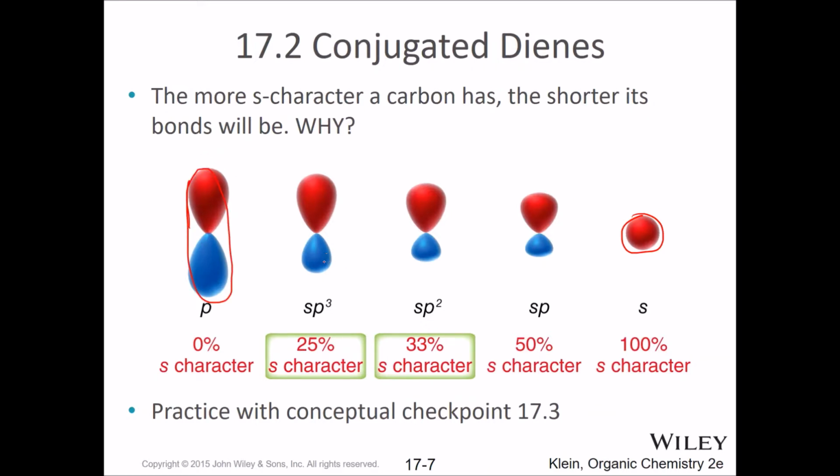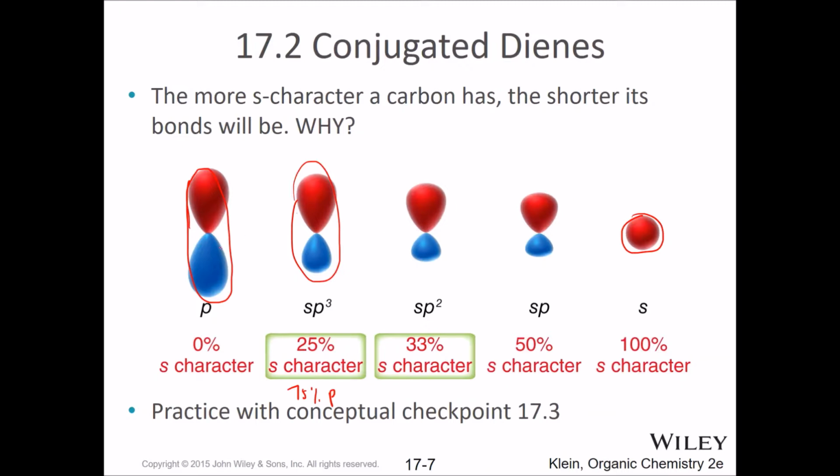So if it's hybridized, it's going to be shorter than a p and also more spherical. So sp3 is 25% s character, or 75% p character. This one's 67% p, which is what I said in the previous slide.